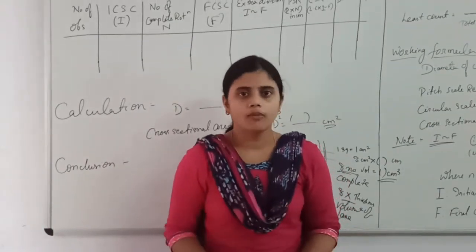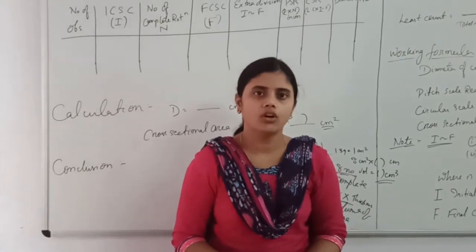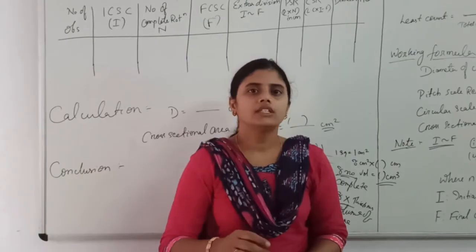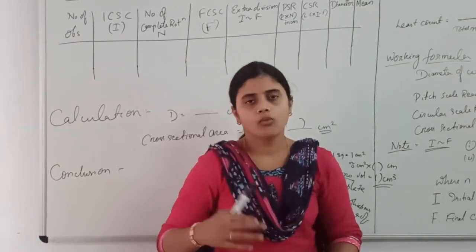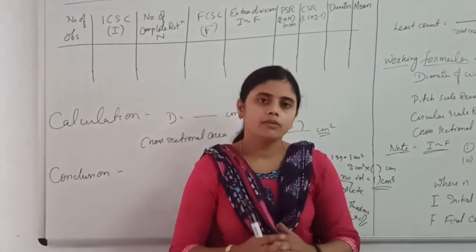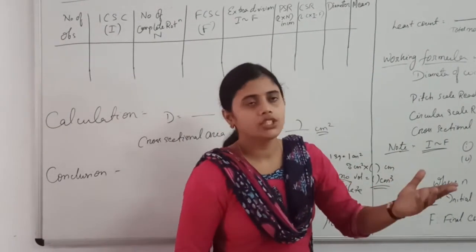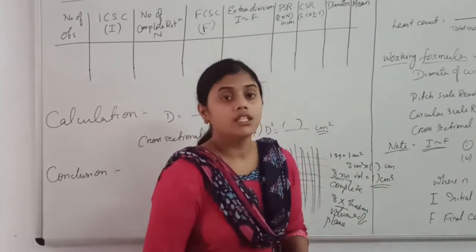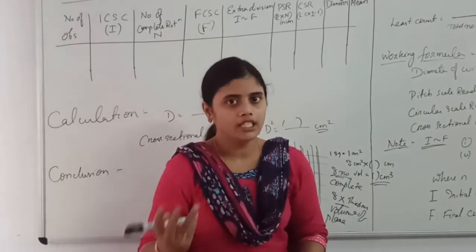Okay. So this is all about the screw gauge, how you will do the measurement using it. You will get the reading up to 3 decimal places or up to 4 decimal places. As you know, the more decimal places in a reading, the more accurate the reading. In case of screw gauge, if your least count is 0.001 centimeter, you will get the reading correct up to 3 decimal places.